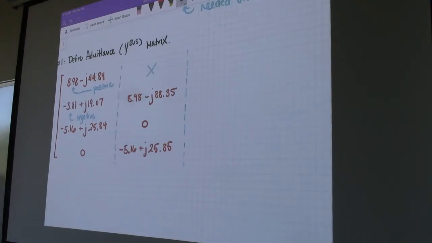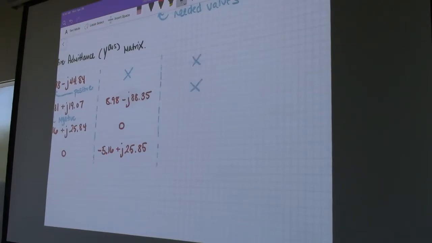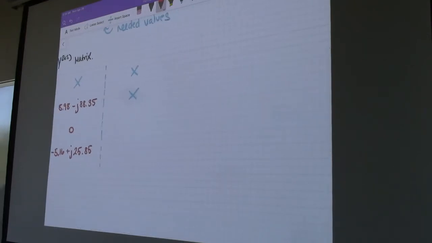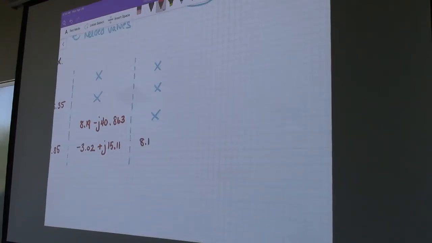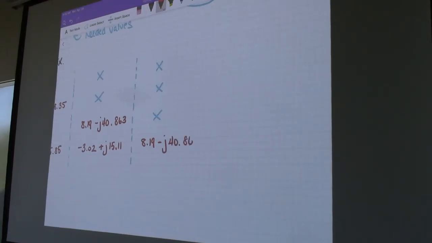And I'm not going to rewrite the symmetrical elements because we know that they'll be the same as the flip of the indices. Okay, so that's our Y-bus matrix.